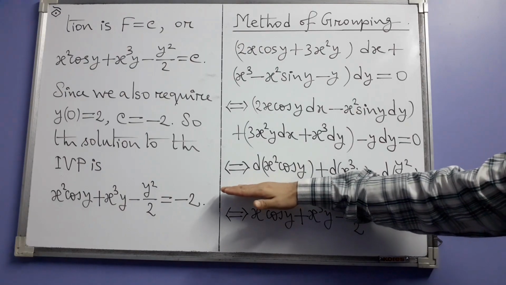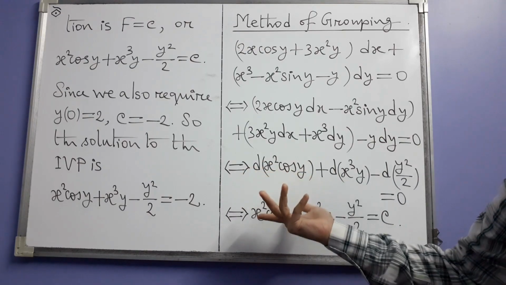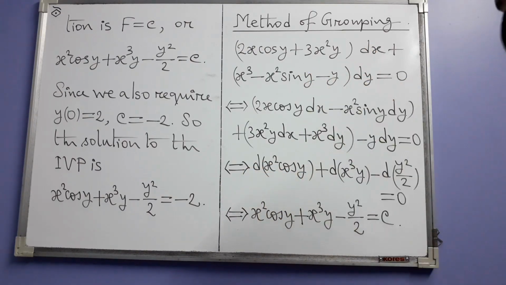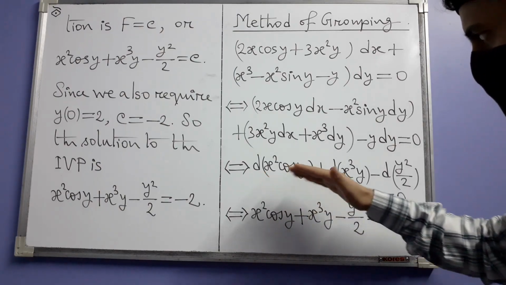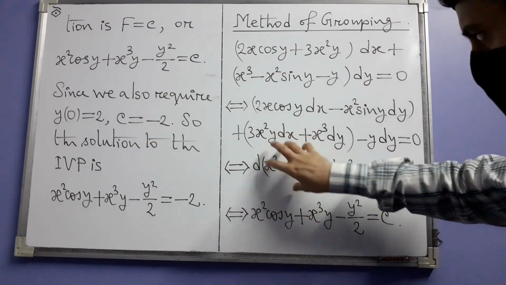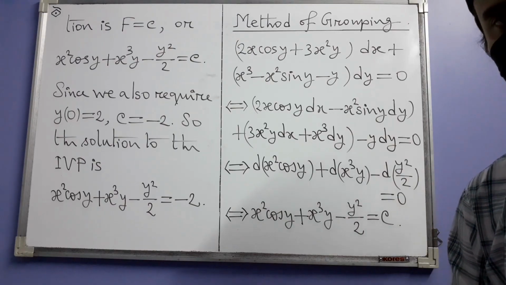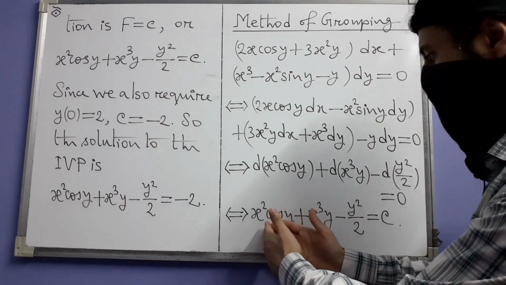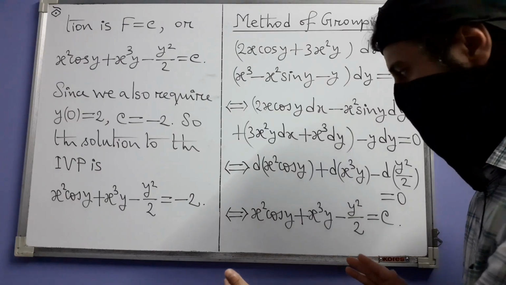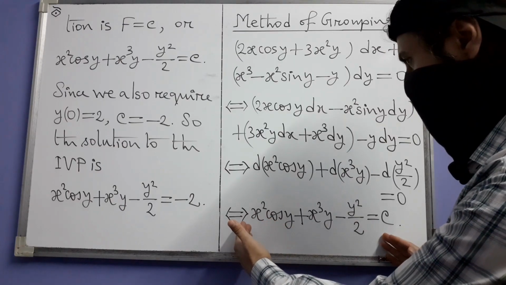There will be one intermediate line here, but I have skipped that because you saw another one. So that line of course will be the differential of this plus this equal to the differential of an arbitrary constant. And then when you lift the differentials, you get this equation.